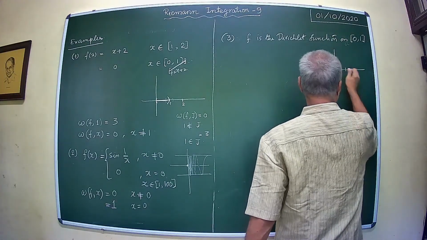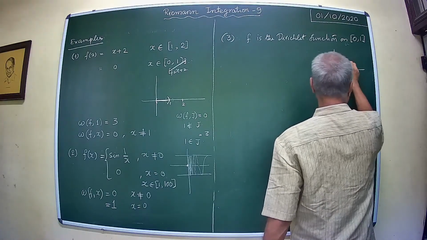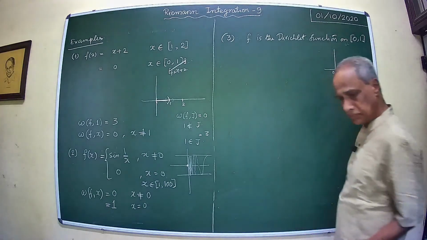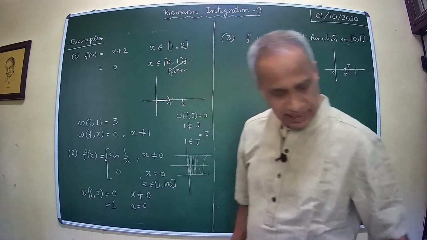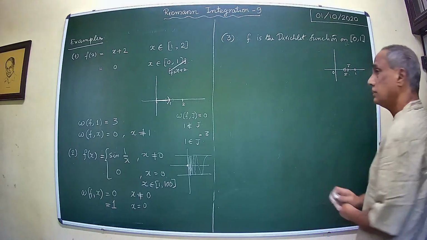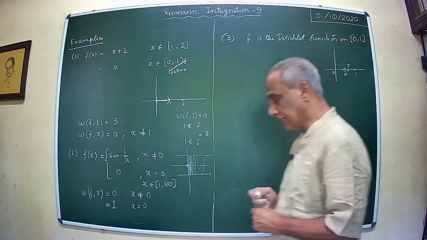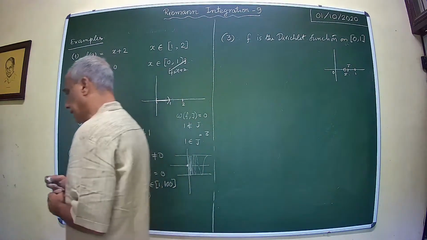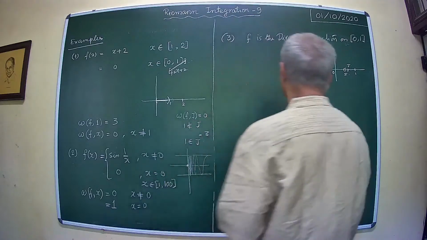So, if you take any x, and any interval j containing x, j contains both rational numbers and irrational numbers, and therefore the omega xj computes to be equal to 1.